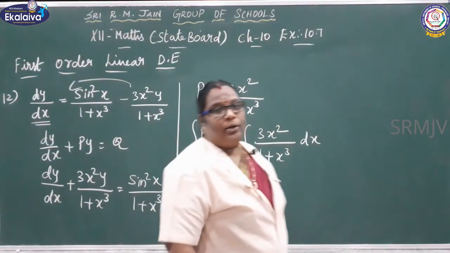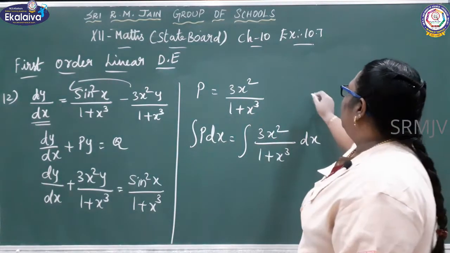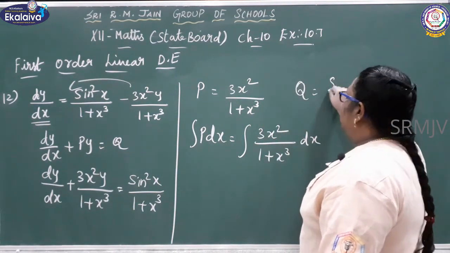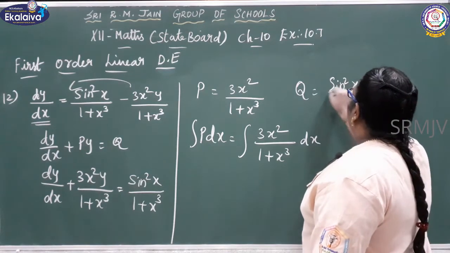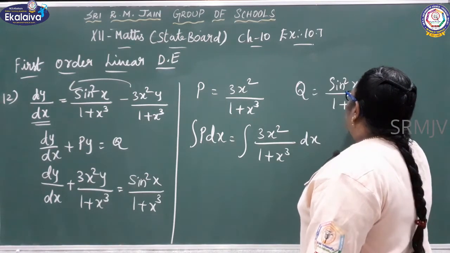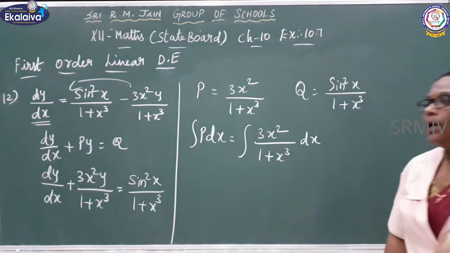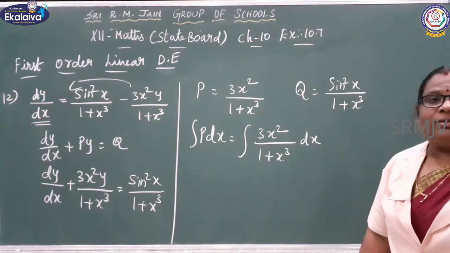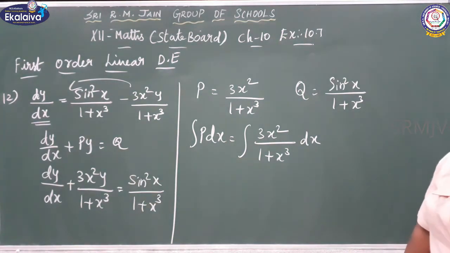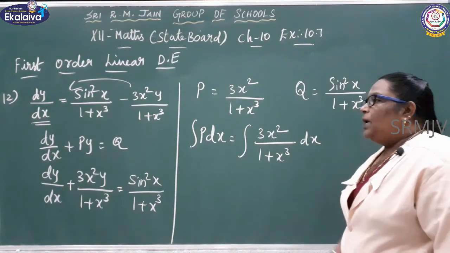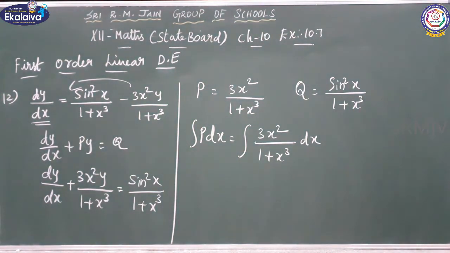Q equal to sin square x by 1 plus x cube. So integral p dx equal to integral 3x square by 1 plus x cube into dx.